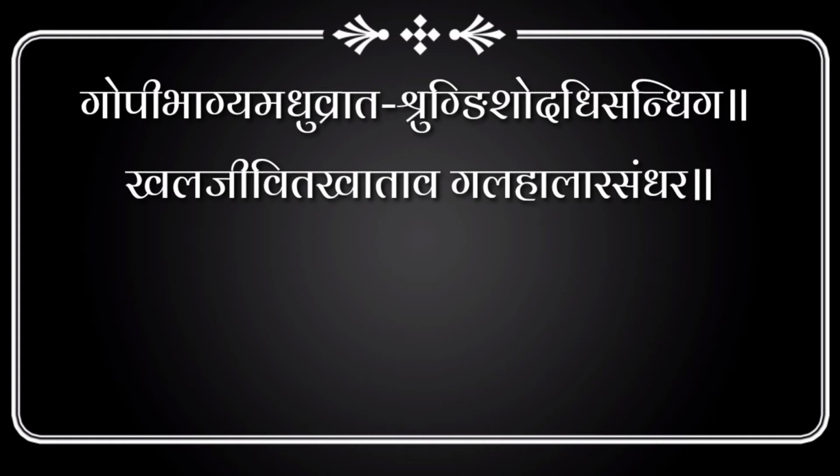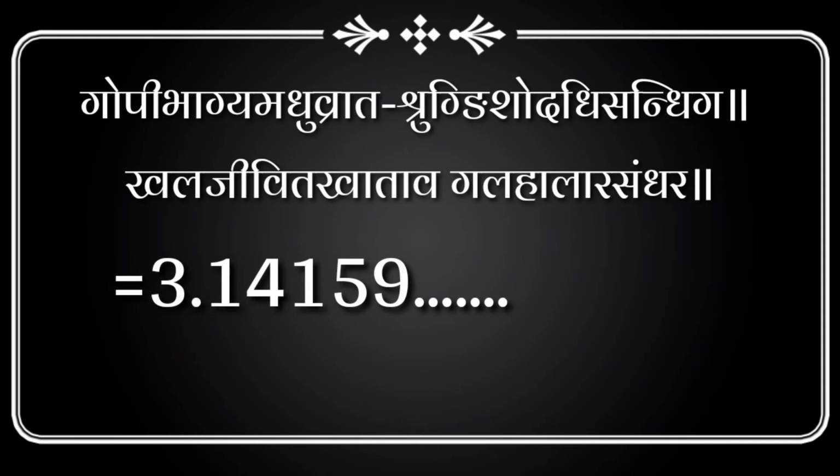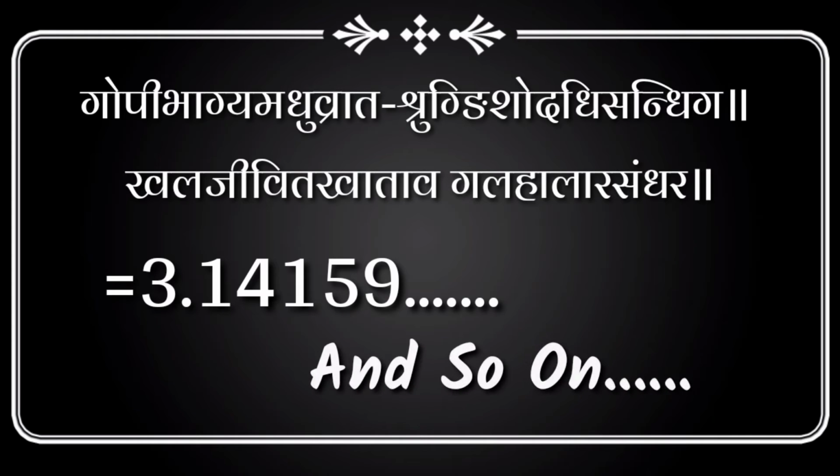So it is a shlok of Krishna which glorifies him. But if you encode or decode this with the help of the Katapayadi system, it represents the digits of pi. That is 3.1415926535889, and similarly it goes on up to 17 decimal places.